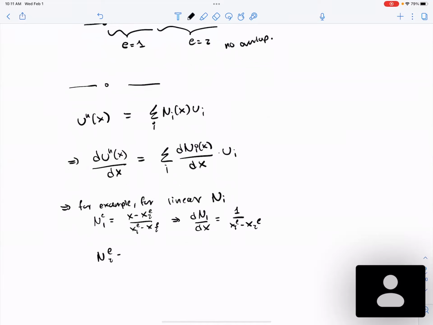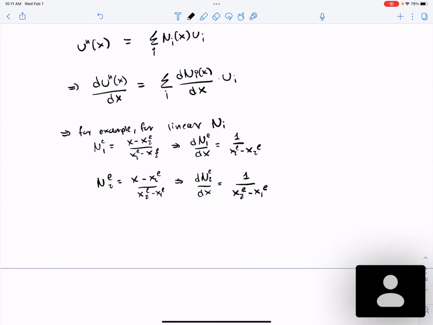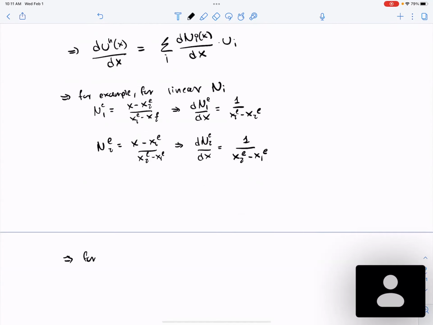And n2e, which was x minus x1e over x2e minus x1e, then the derivative of that for the linear case is just 1 over x2e minus x1e. These are constant. And then you can see that the derivative of some function u would just be the nodal values, I'll plot it in a sec, times these two derivatives.